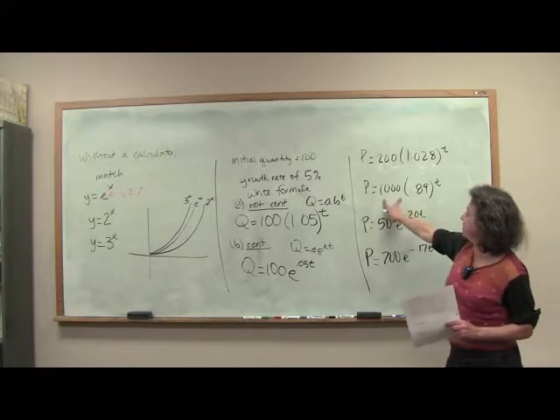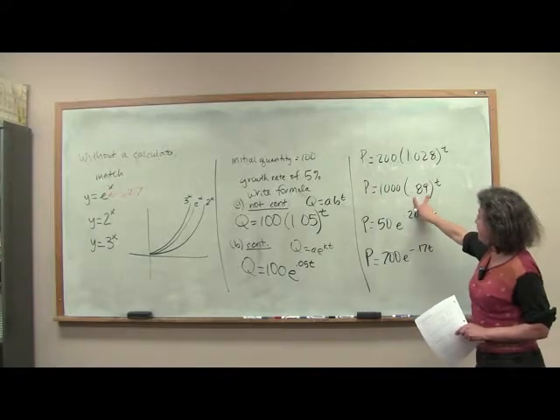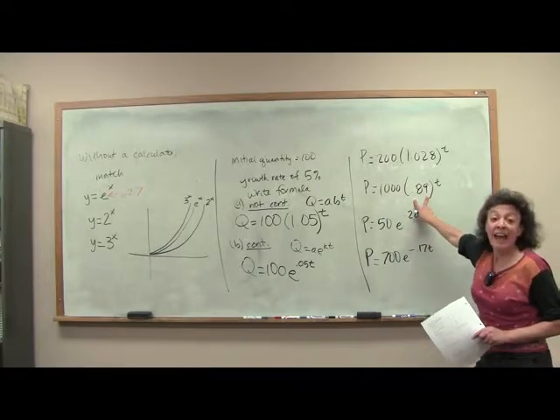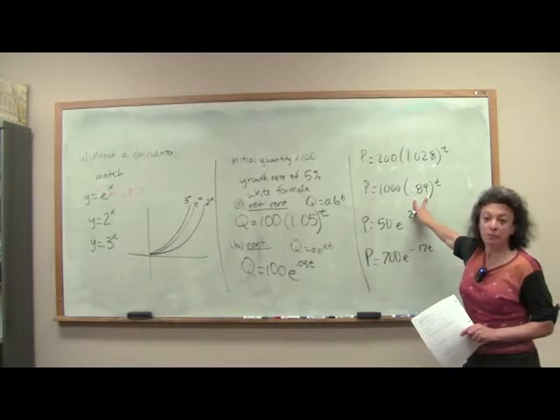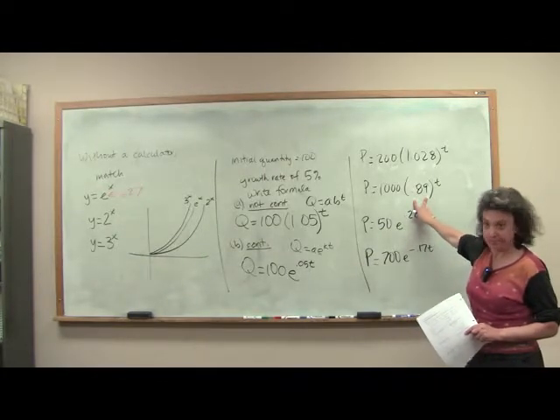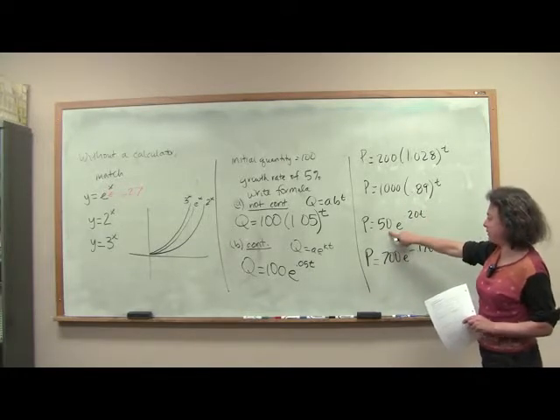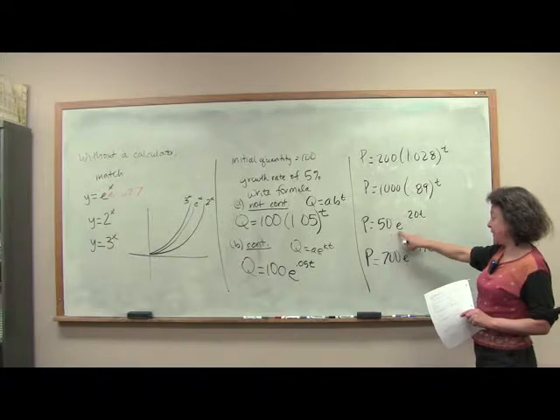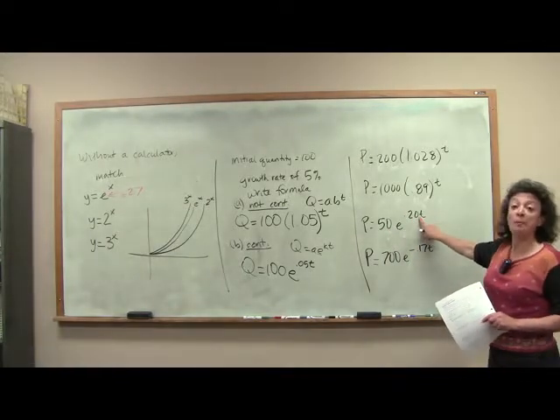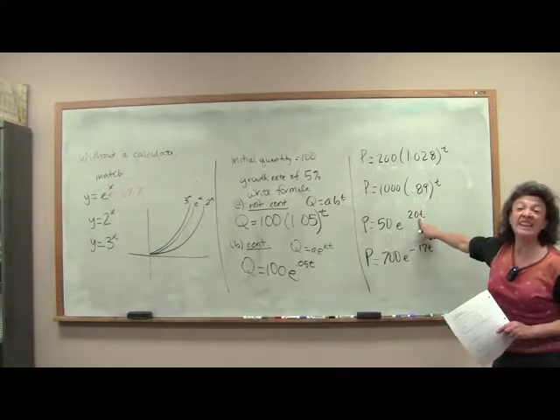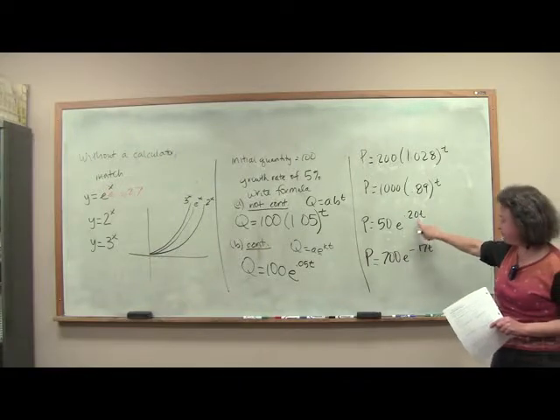This one has an initial population of 1,000, but I claim it's decaying at a rate of 11% per unit of time. This next guy has an initial population of 50, and I claim that he's growing by 20% continuously over that period of time.